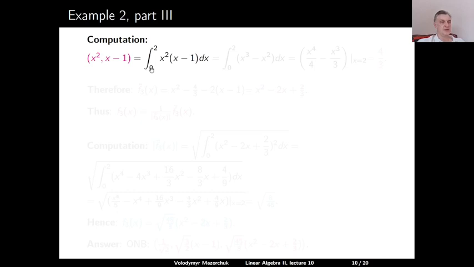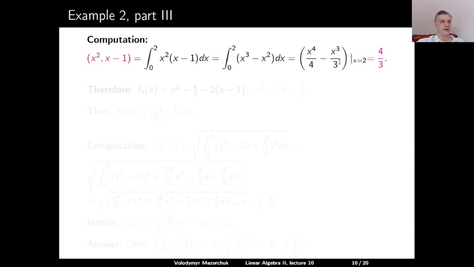This is the integral between 0 and 2 of x squared times x minus 1 dx, which is the integral between 0 and 2 of x cubed minus x squared. And this is the evaluation at x equal to 2 of the function x to the power 4 divided by 4 minus x to the power 3 divided by 3. And this is equal to 4 divided by 3.